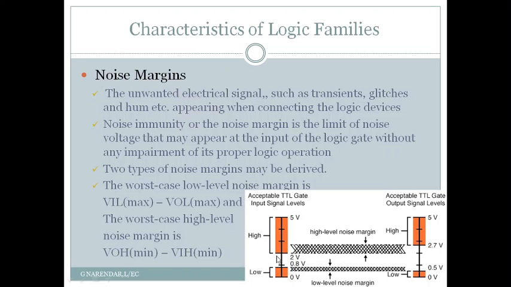But the circuit has some ability to tolerate the effect of noise, and what is that? The limit of noise voltage that may appear at the input of a logic gate without any impairment or malfunctioning of the logic operation is called its noise margin.